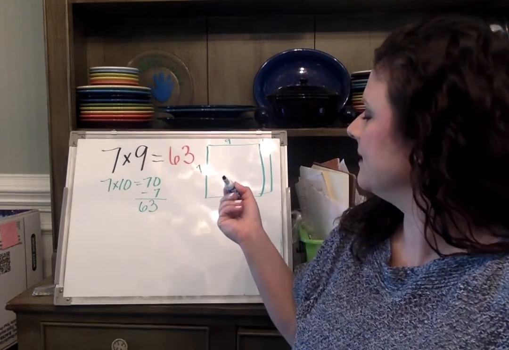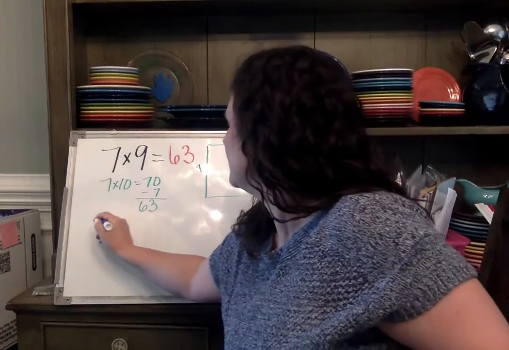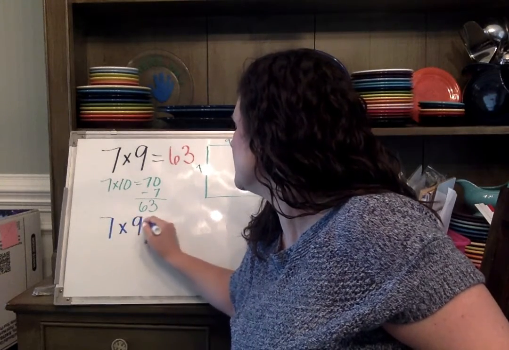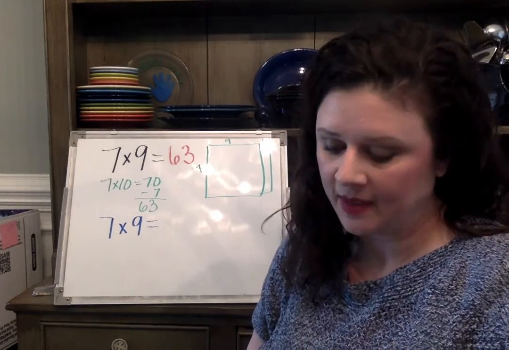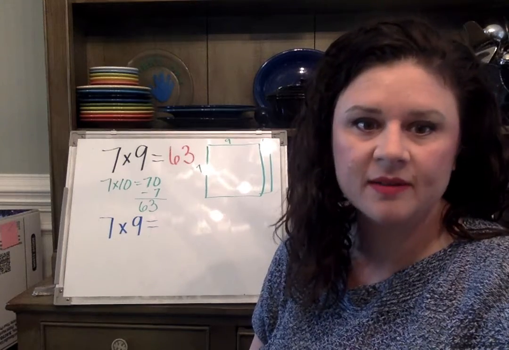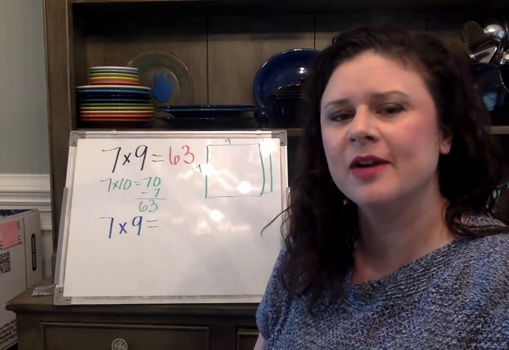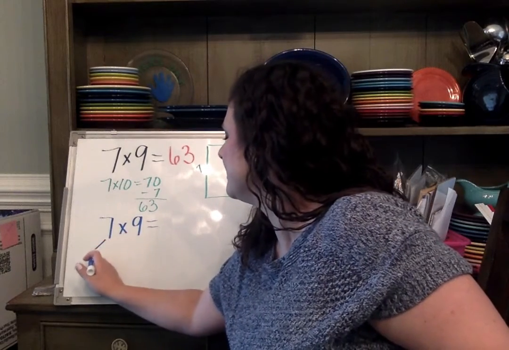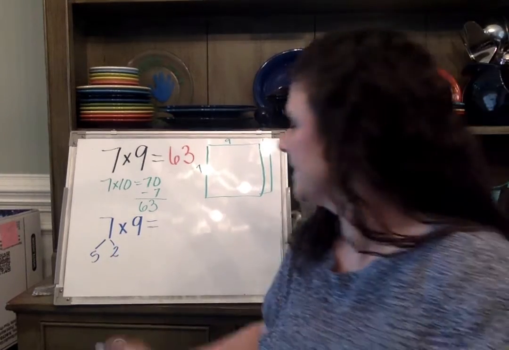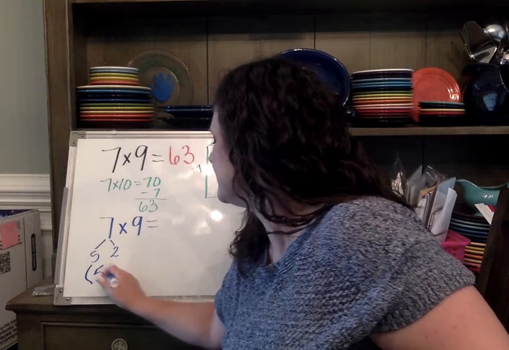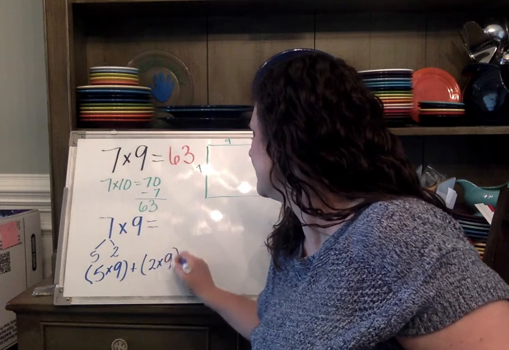So let's look at it. Which number do I want to distribute here? The 7 or the 9? I would want to distribute the 7 because 7 is a little bit harder for us to multiply by, groups of 7. So that would be a 5 and a 2. So now I have 5 times 9 plus 2 times 9.